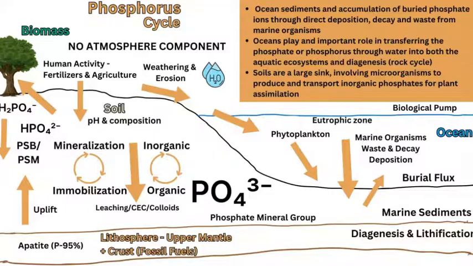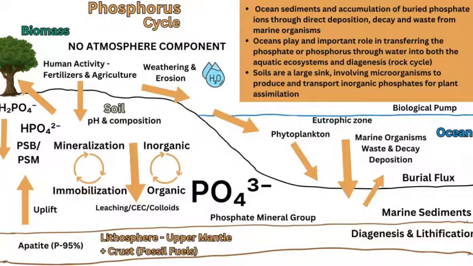And you can also include in this the uplift of the rock layers, which is mostly going to be the phosphate mineral group, which contains about 300 minerals, and the main mineral with phosphorus, about 95%, is apatite.